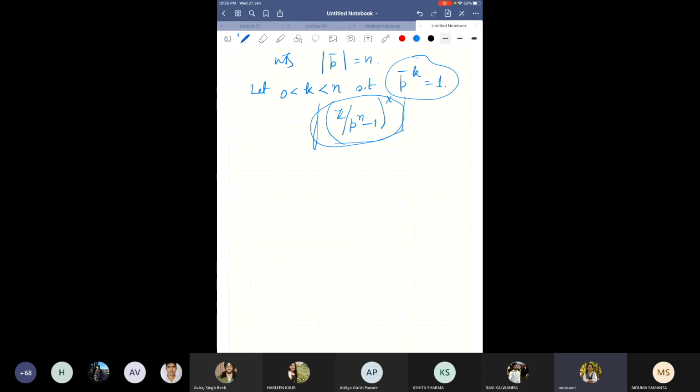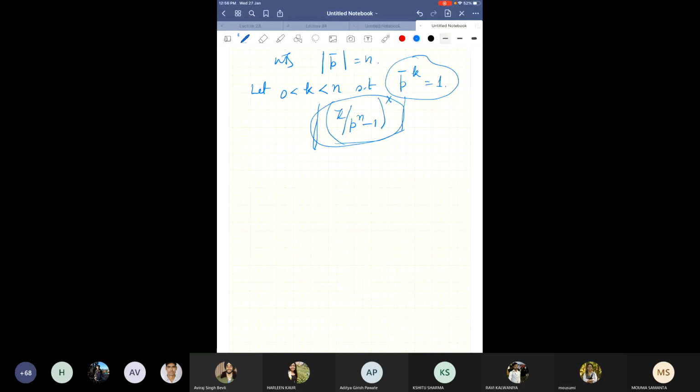Ma'am, so here we can say that the order of p bar divides n. First we proved that, but now we have to prove that the order of p bar is actually equal to n. Right. So for that, you took k to be the order of p bar, and you raised it to the power k and equated it to 1, right?